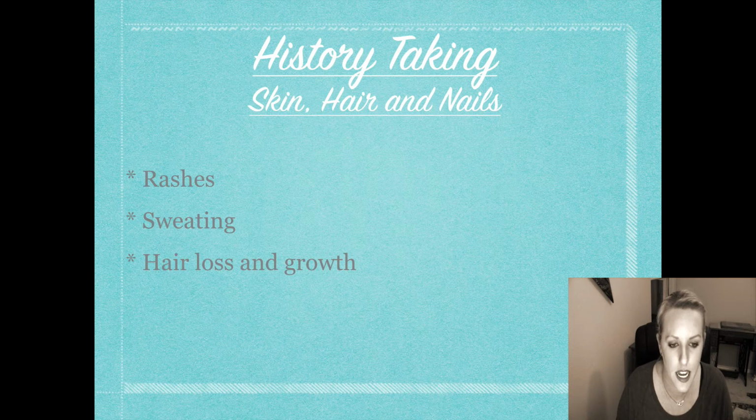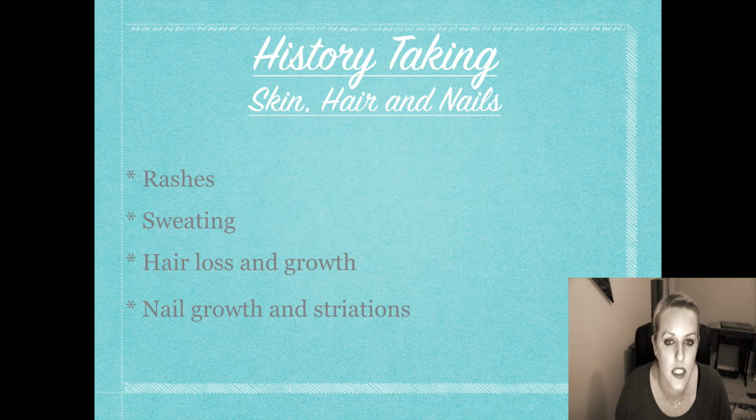Hair loss and hair growth. We need to ask our patient if they have any hair falling out, if their hair seems to be growing more than normal or not growing at all. Same thing with the nails. We need to ask about nail growth, any striations that come along with those nails. Any of these things, the hair loss, hair growth, nail growth, can indicate some type of endocrine issue.